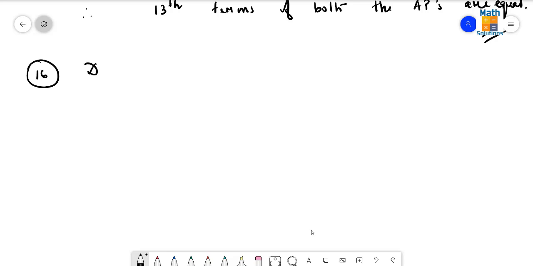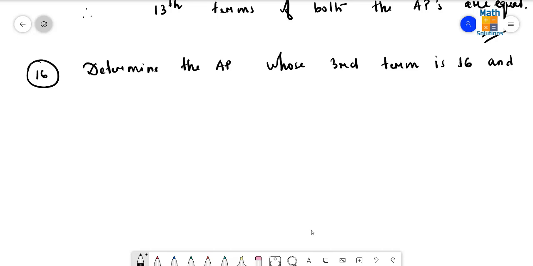Determine the AP whose third term is 16 and the seventh term exceeds the fifth term by 12.